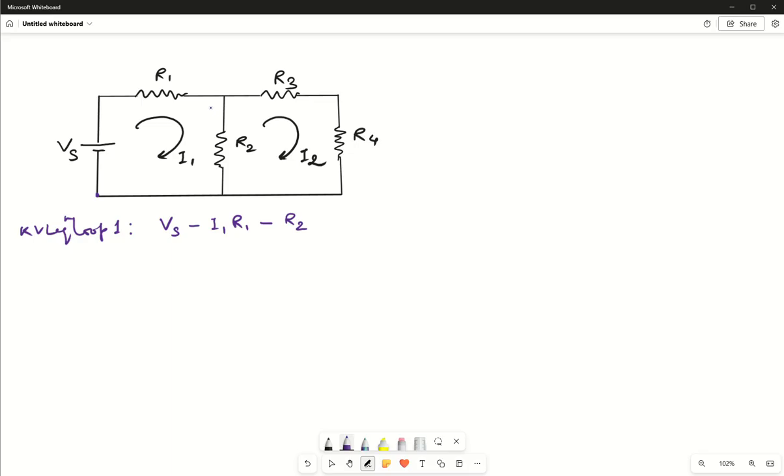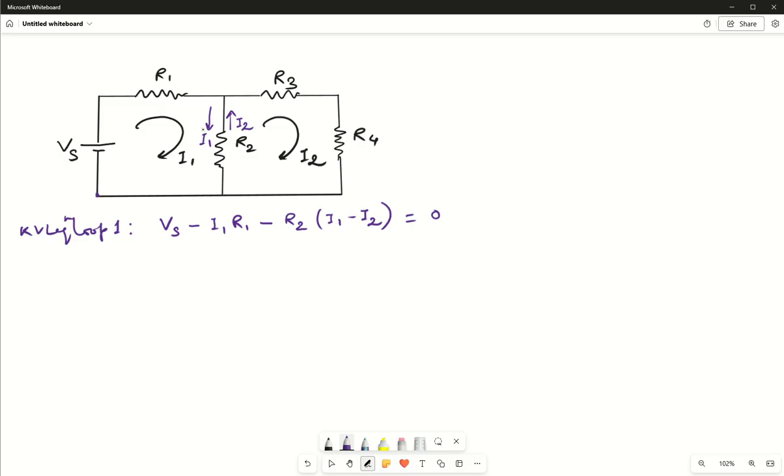In this case we have two currents. One is I1 moving in this direction, and one is I2 from the second loop moving in this direction. As we are writing the equation for loop 1, it will be I1 minus I2. There is no other voltage drop, so it equals 0. I hope you have understood this.